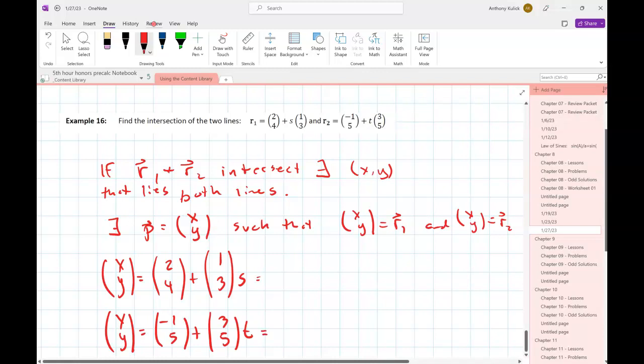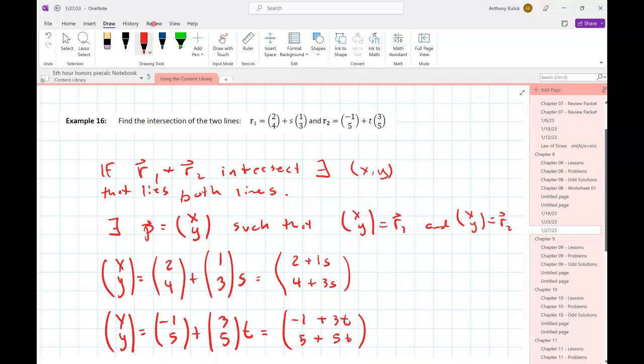If I do the scalar multiplication and add those vectors, xy has to equal the vector 2 plus 1s, 4 plus 3s, and similarly, it has to equal negative 1 plus 3t and 5 plus 5t. Everybody's okay there?